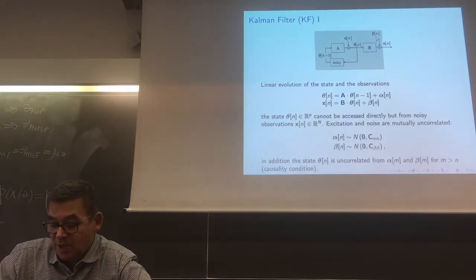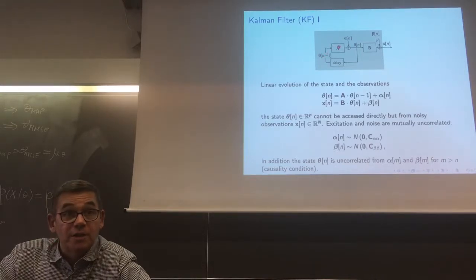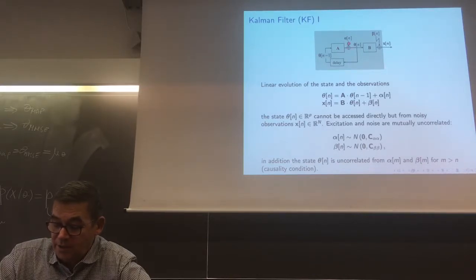In other words, the state at iteration n depends on the state at iteration n-1 up to a linear transformation A, and then there is an addition, the excitation alpha, which I put here. This is how the state is evolving.